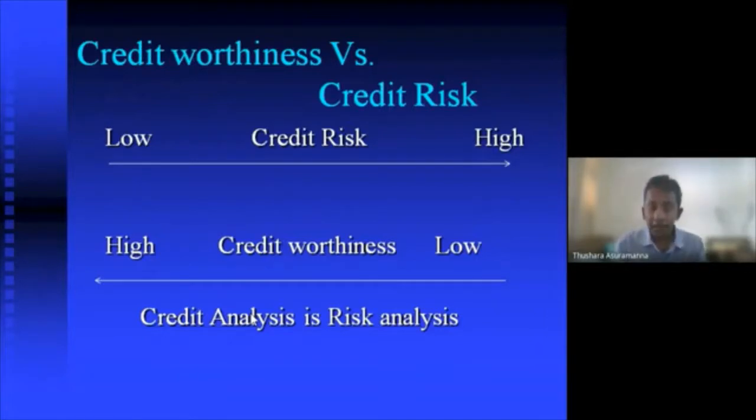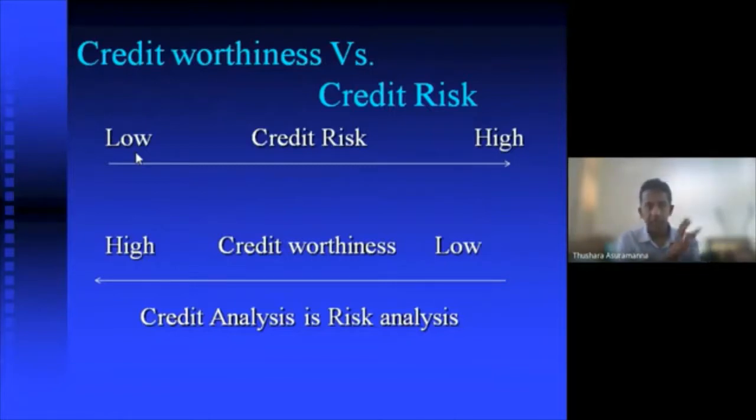If you find out the customer's credit worthiness is low, then obviously risk is high. And if credit worthiness is high, obviously credit risk is low. So credit worthiness versus credit risk is a relationship where low credit worthy, high risk. High credit worthy, low risk.